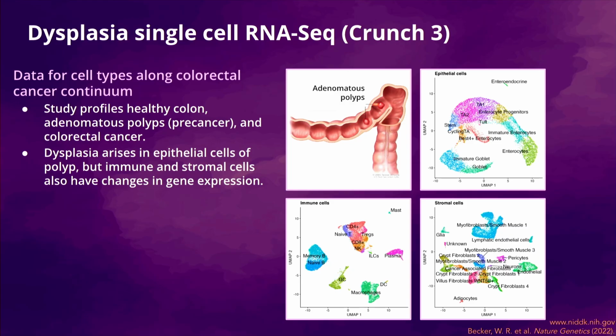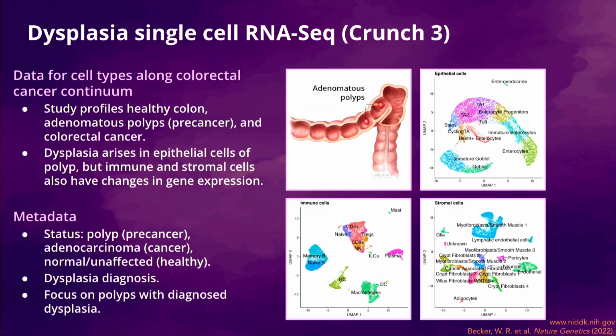And we have epithelial cells, immune cells, and these stromal cells, which again make up the connective tissue. And we have a lot of metadata provided here. First, we have the status of the tissue, whether there's a polyp, whether it's fully progressed to cancer, an adenocarcinoma, a type of cancer, or whether it's just healthy, so we call that normal or unaffected.